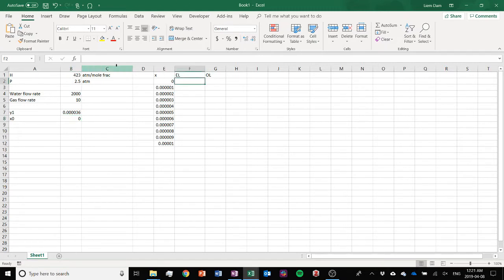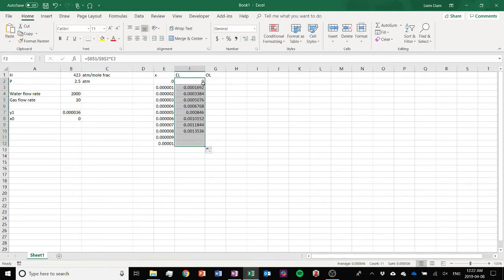So we know that our equilibrium line is simply H over P times X. So I've gone ahead and made a few reference x values. So this is simply H divided by P, and this should just be constant reference times X.